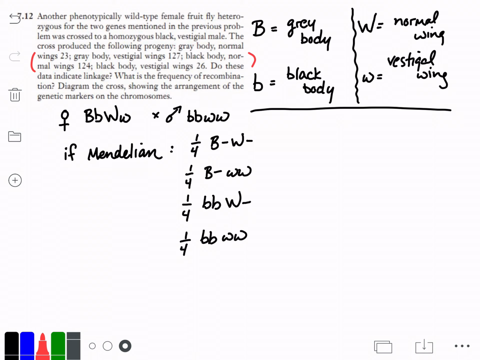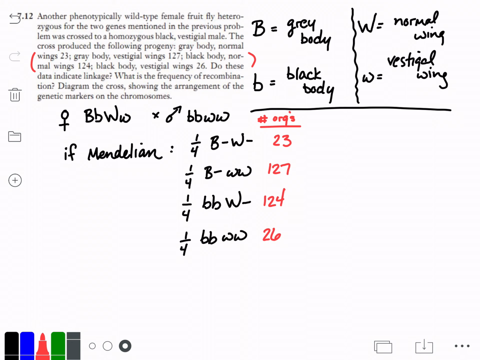So I'm going to go ahead and write those numbers down, numbers of organisms. For our gray normal wings, if we read through, that was our 23. Our next class is gray with vestigial wings, that was our 127. We've got black with normal wings, that was our 124 organisms, and black vestigial was 26.